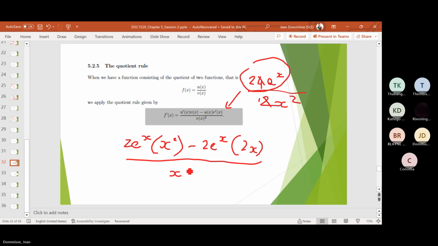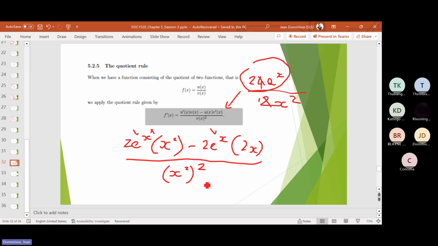And then we need to divide that by the bottom one squared. So it is a bit different to what we are used to. So let's just again go through the principle. It is differentiation of the top one times the bottom, minus the top one differentiated times the bottom.